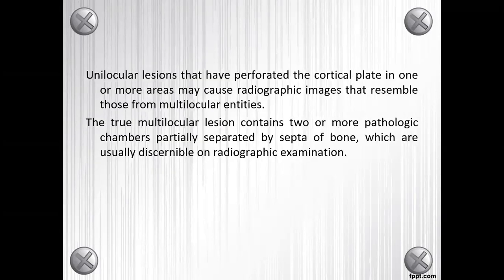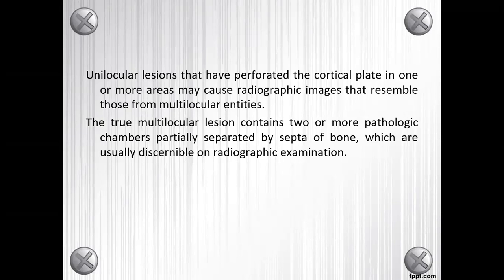Next is unilocular lesions. Unilocular is nothing but a single radiolucency, what you see there. Unilocular radiolucencies that have perforated the cortical plate may resemble those of multilocular entities.